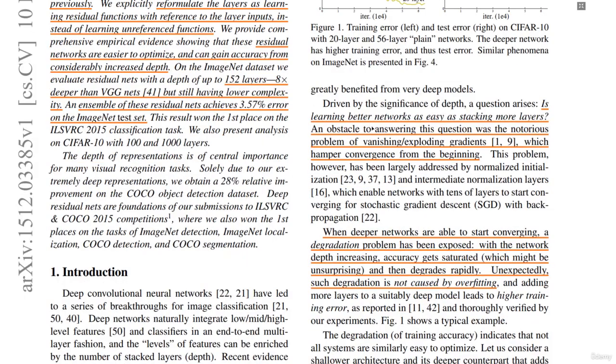Now, driven by the significance of depth, a question arises: is learning better networks as easy as stacking more layers? So the question here was whether it's about just stacking up layers to gain more accuracy. An obstacle to answering this question was the notorious problem of vanishing/exploding gradients, which hamper convergence from the beginning.